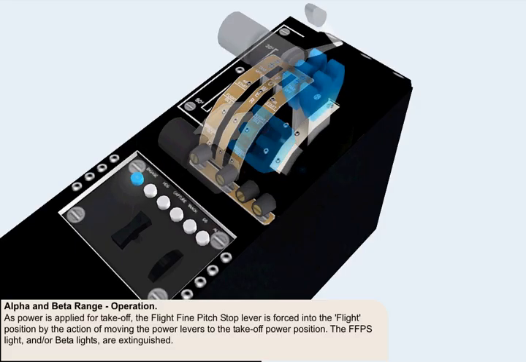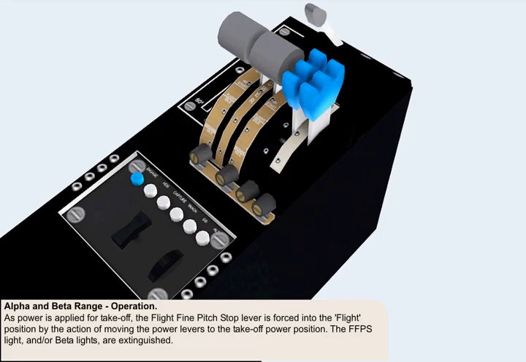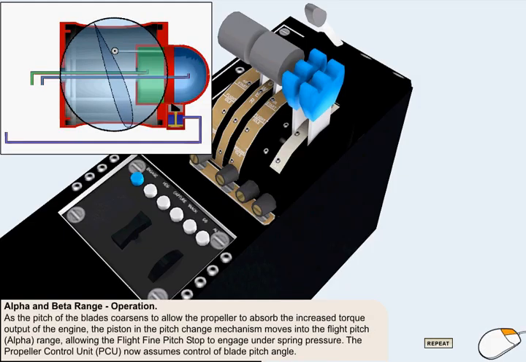As power is applied for takeoff, the flight fine pitch stop lever is forced into the flight position by the action of moving the power levers to the takeoff power position. The FFPS light and/or beta lights are extinguished. As the pitch of the blades coarsens to allow the propeller to absorb the increased torque being produced by the engine, the piston in the pitch change mechanism moves into the flight pitch range or alpha range.